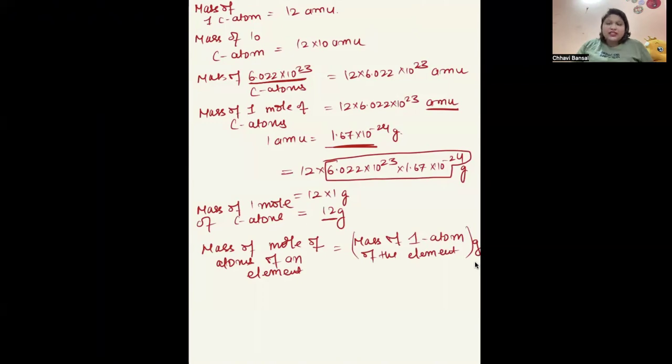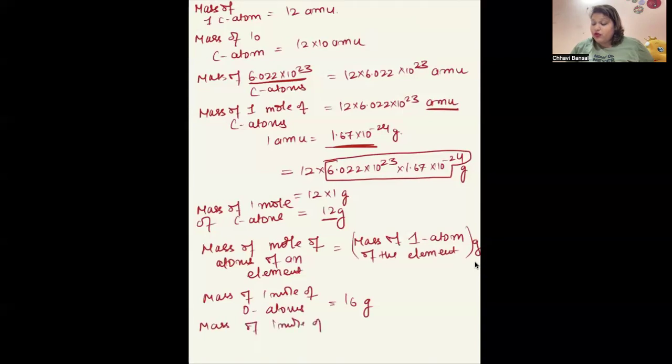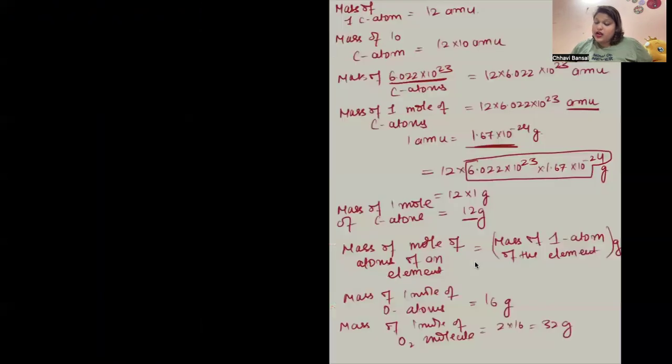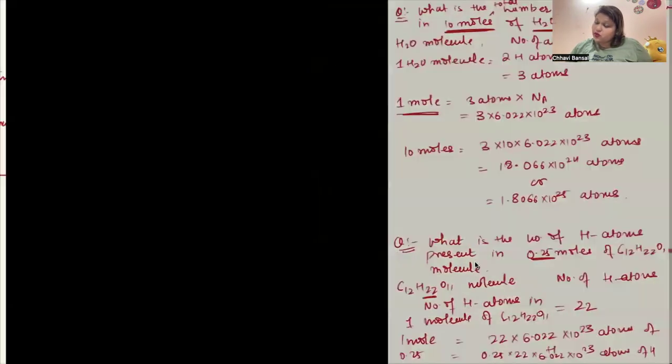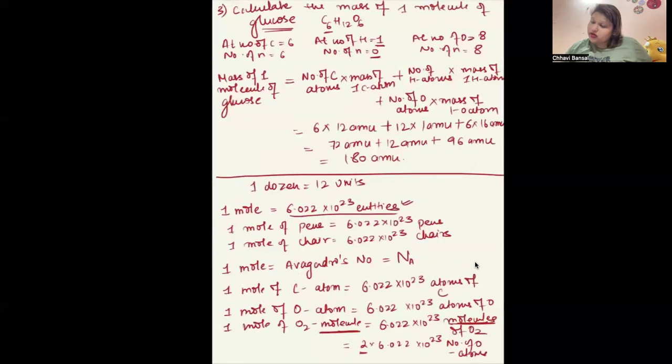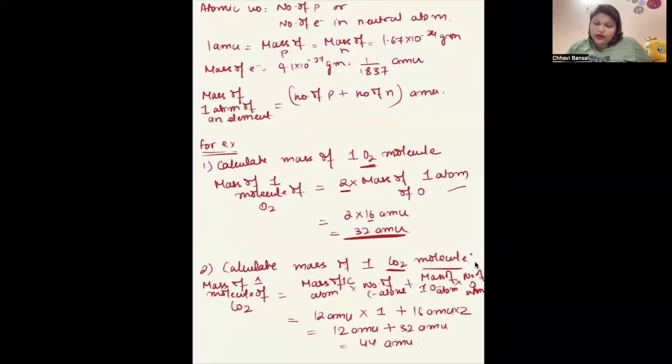Likewise, for example, we did the mass of one oxygen atom. How much it was? 16 AMU. So mass of 1 mole of oxygen atoms, what it will be? 16 grams. Right? Same way, mass of 1 mole of oxygen molecule. Now what we can do? Again multiply with 2, right? 2 into 16, that is 32 grams. And if we see, we also did this question and we got 32 AMU, right?